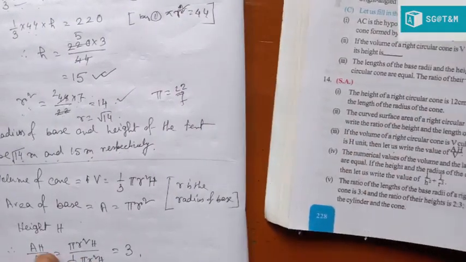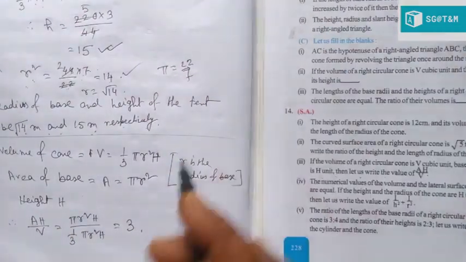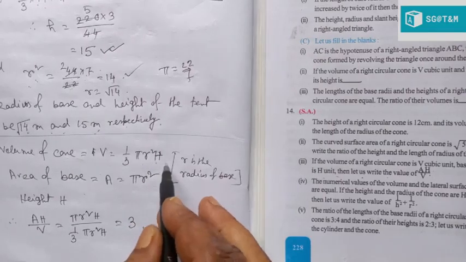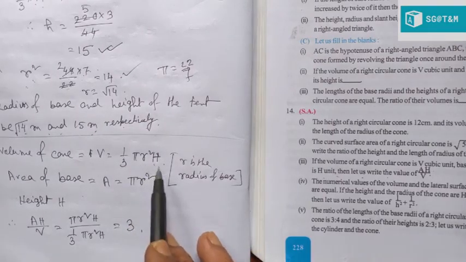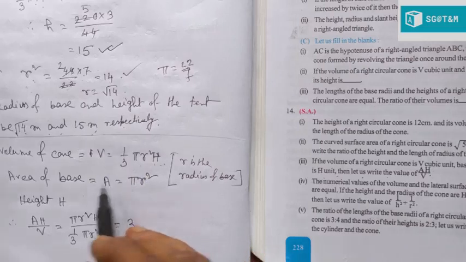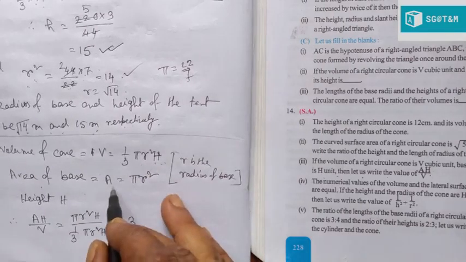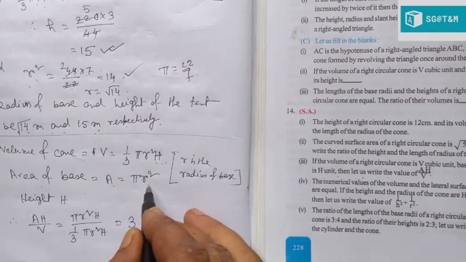So volume of the cone is given by 1/3 pi r square h is the formula, radius of base square into height. Height is given capital H, and area of base that is given capital A is pi r square, known to all of us.